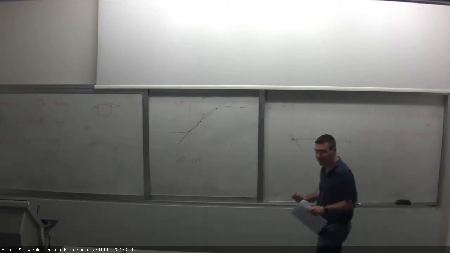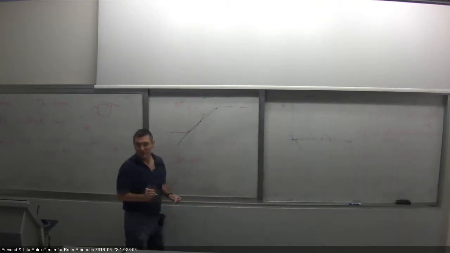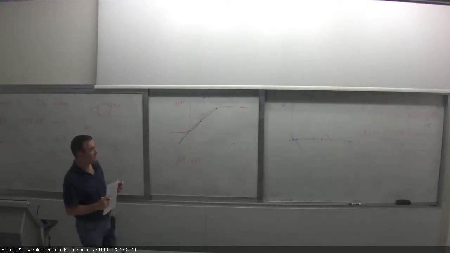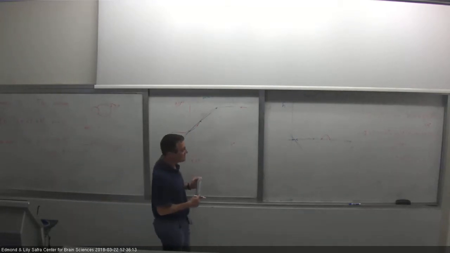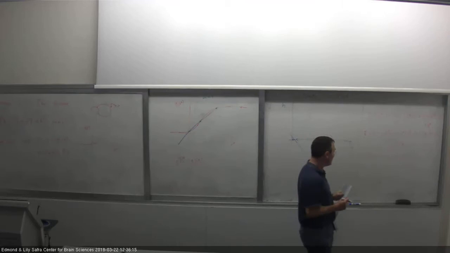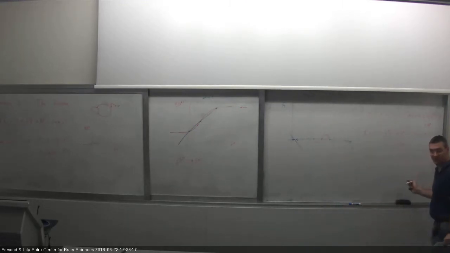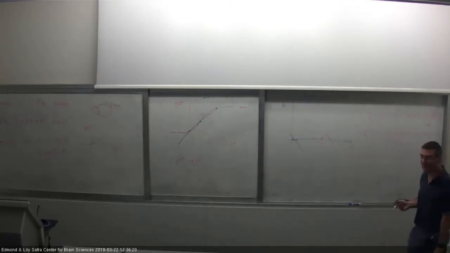So now we should be relatively happy, as happy as one can be in this class. The reason is that this is a linear differential equation, and we know how to solve it.